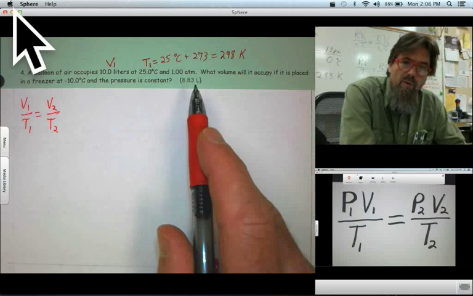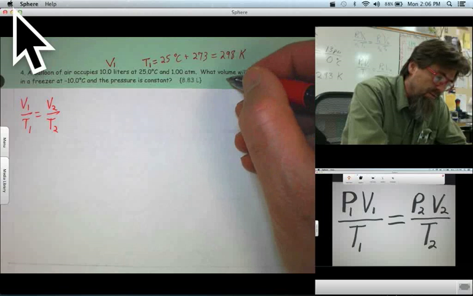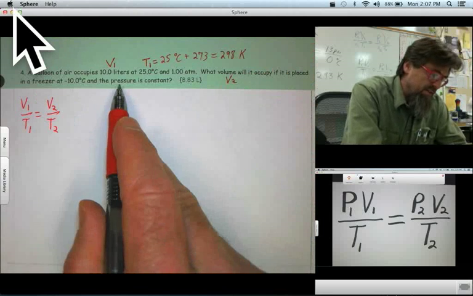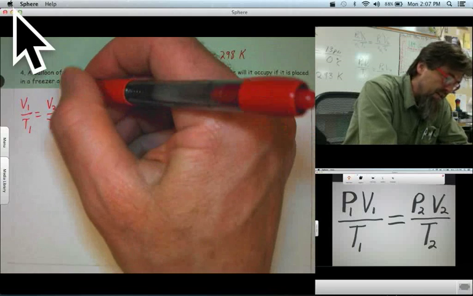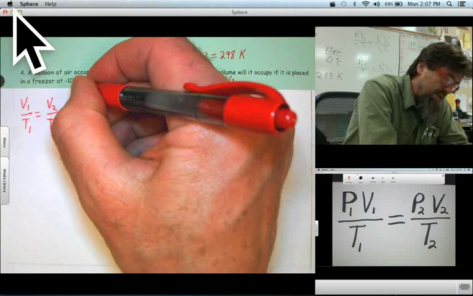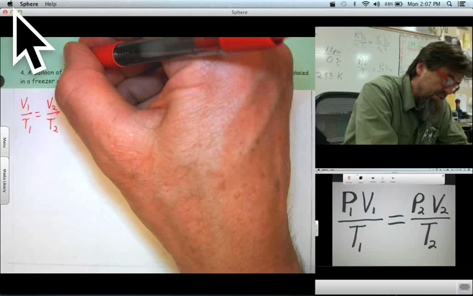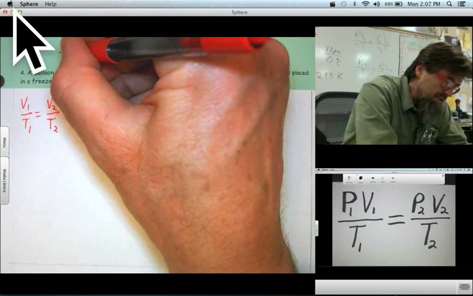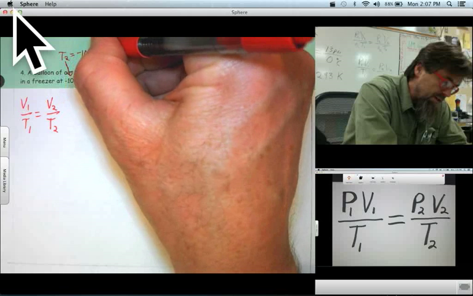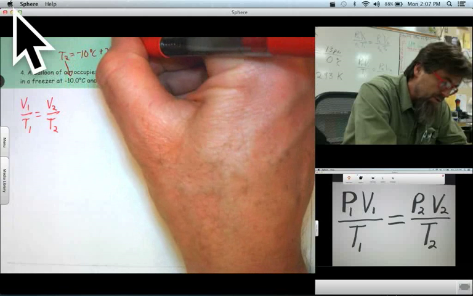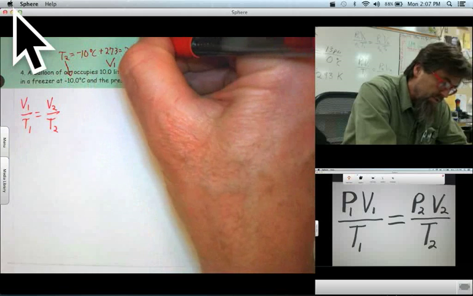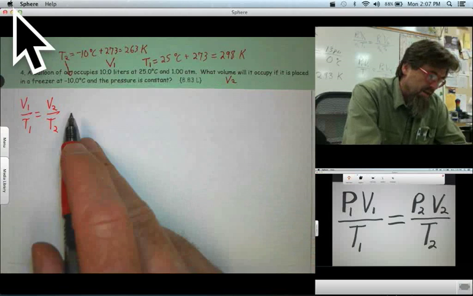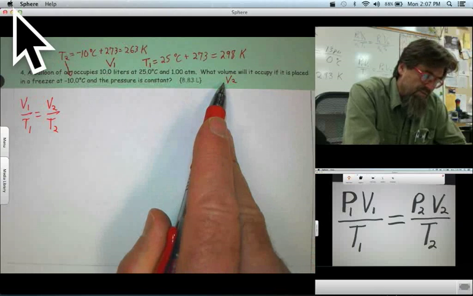What volume, that will be V2, will it occupy if it's placed in a freezer at minus 10 degrees? So that will be our T2. T2 equals minus 10 degrees C plus 273, 263 Kelvin. Okay, so we want to solve for V2.